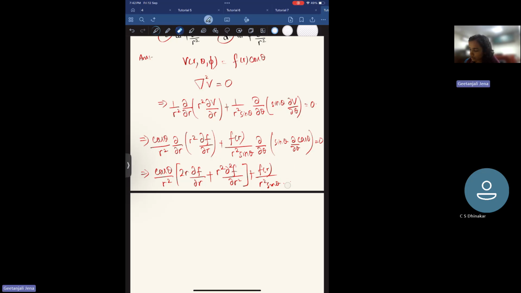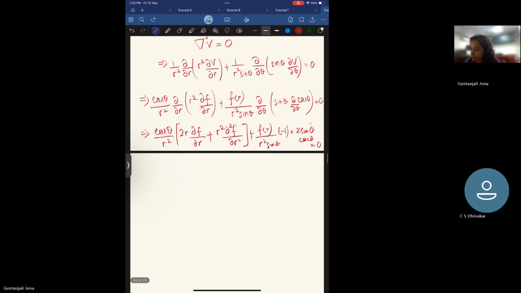Let us take the derivative. This will be minus, sin theta cos theta derivative, and the sin theta will cancel.